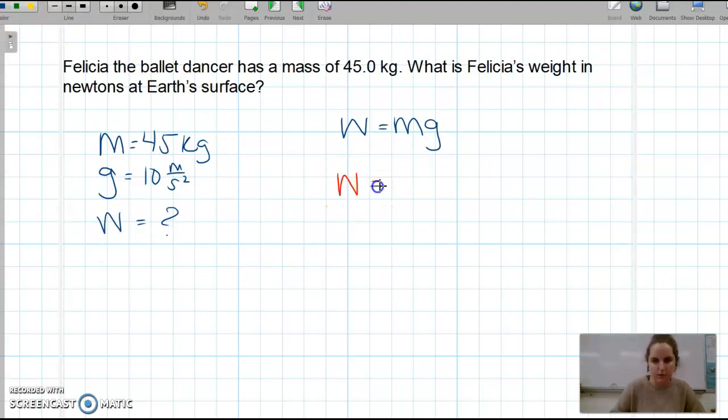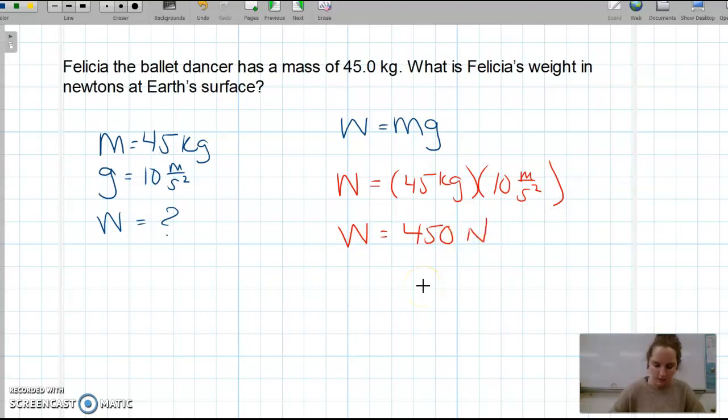So W is equal to your mass, which is 45 kilograms, times 10 meters per second squared. So you get W is equal to 450 newtons. Again, because you take kilograms and you multiply it by meters per second squared, you get kilogram meters per second squared, which is just a newton.